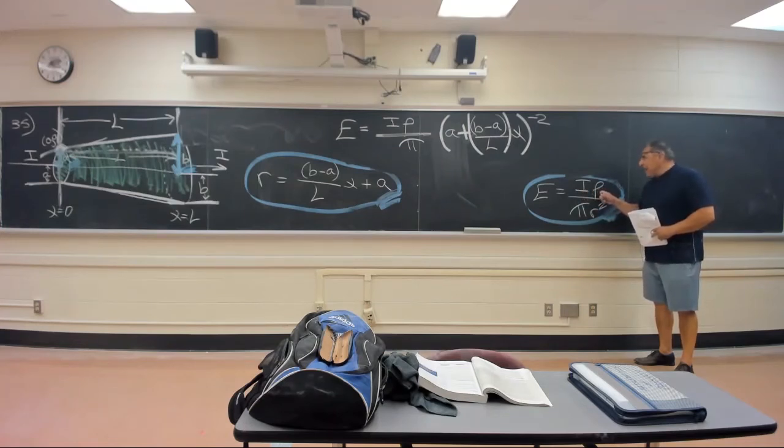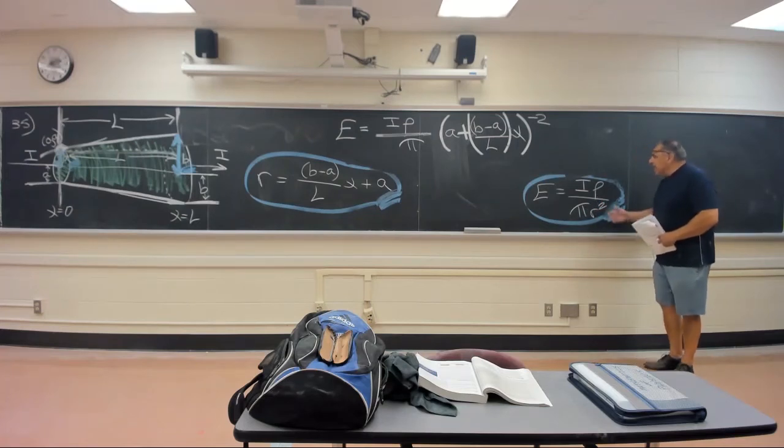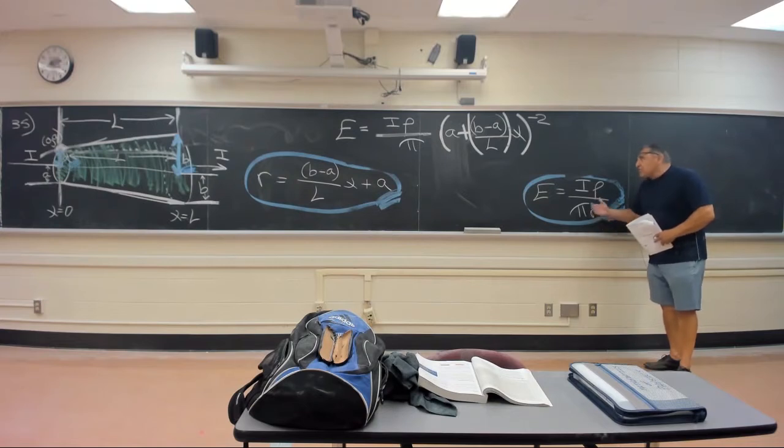Despite the fact that rho is a very big number, there's still a lot of current, divided by cross-sectional areas that are very small. If this is very small, something very small divided into something huge is mammoth.